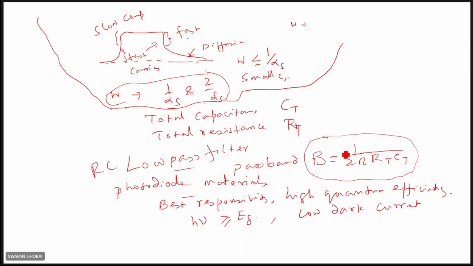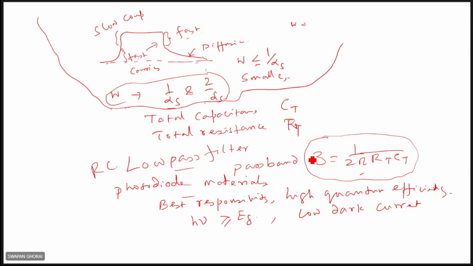So that is actually 1/(2πRTCT), right? If you consider the low pass filter, then from the circuit we can determine the pass band.